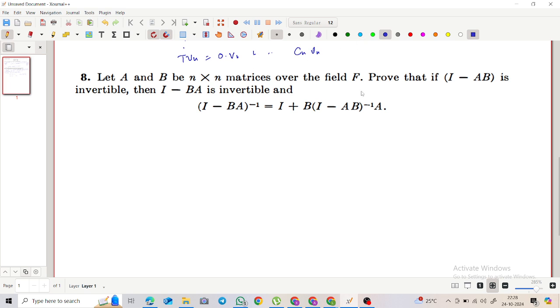Okay, so invertible. They are saying that if I minus AB is invertible, I minus BA is also invertible. See, this is pretty easy.